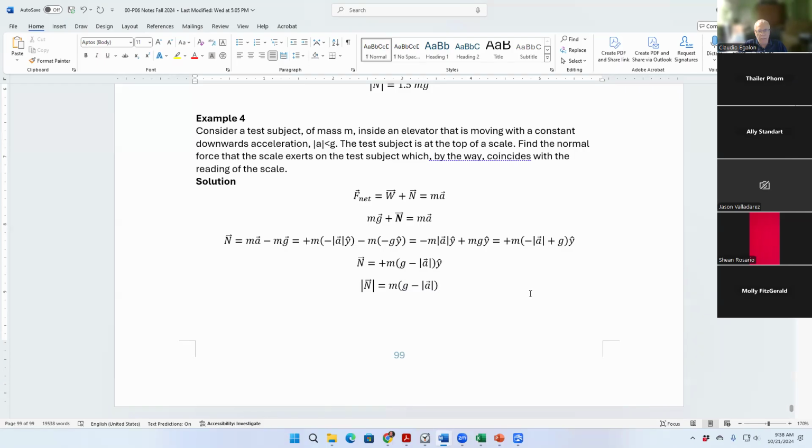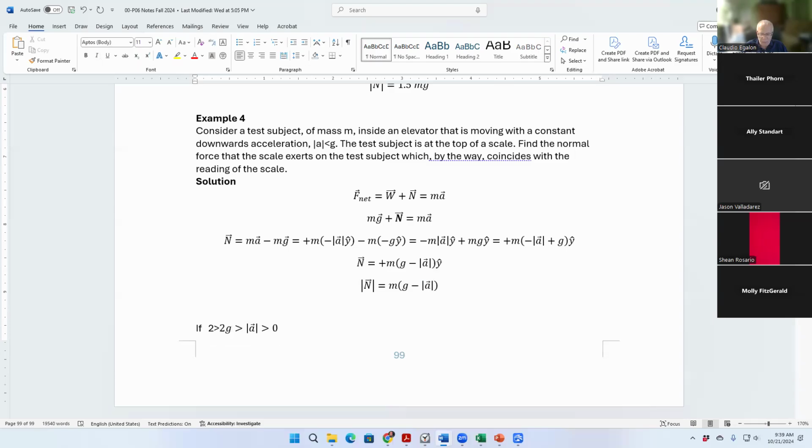Which, by the way, if the magnitude of a is greater than 0 and less than 2g, okay, less than 2g.